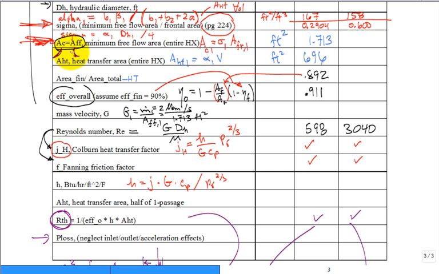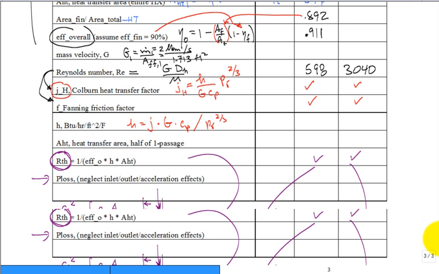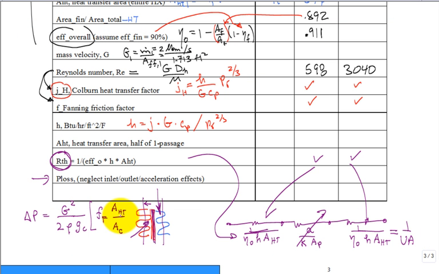It's the minimum free flow area in that equation, times the density of the fluid coming in divided by the mean density. Well, just say that these two densities are the same. It's not that strong of an effect. I already threw out the inlet, the outlet, and the acceleration term. You get that Fanning friction factor, and you'll account for at least 95% of the pressure drop for this problem. So that gives you the pressure drop for each side.